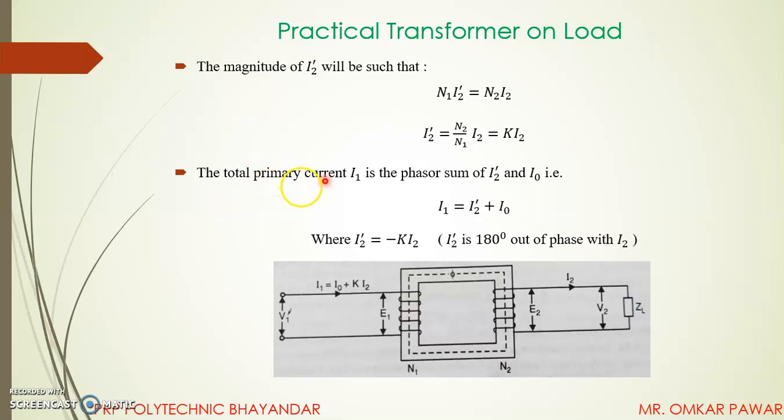So the total primary current I1 is the phasor sum of I2 dash, that is counterbalance current, and I0, that is no load current. I1 is equal to I2 dash plus I0, where I2 dash is equal to minus K times I2, that is I2 dash is 180 degrees out of phase with I2.